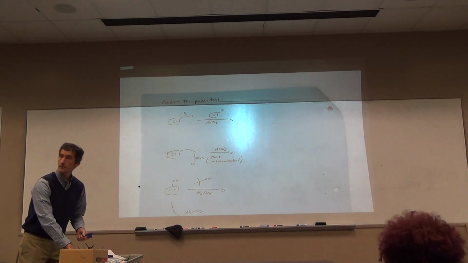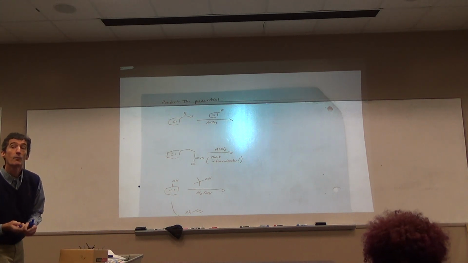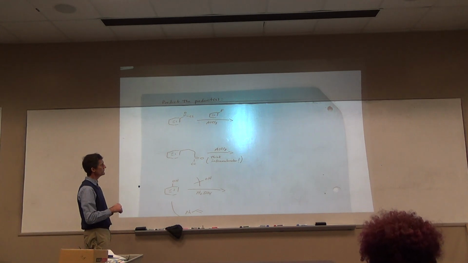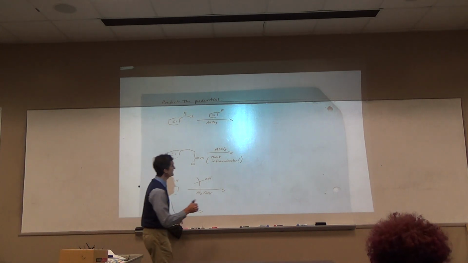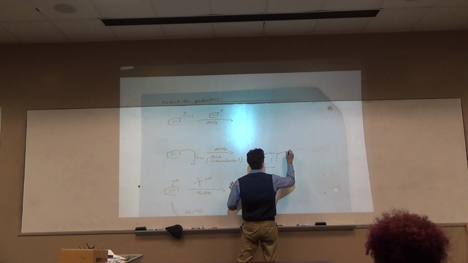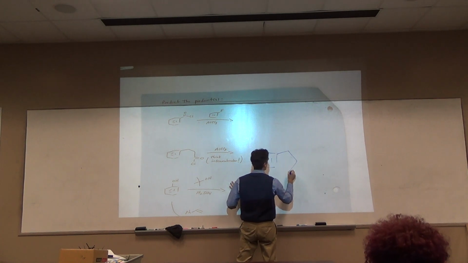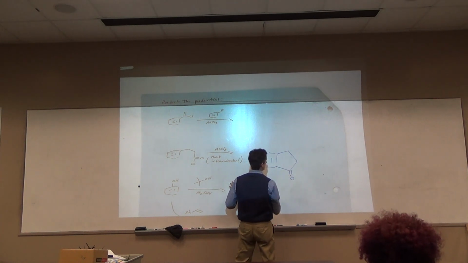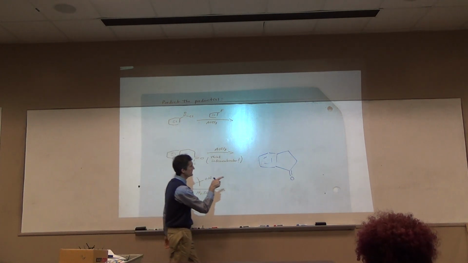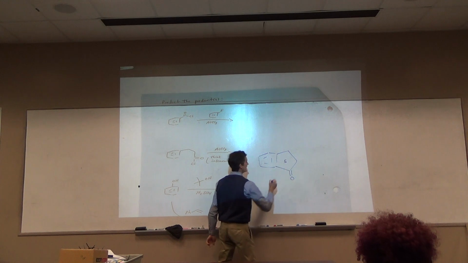There's a 5-membered ring that's formed. 1, 2, 3, 1, 2, 3, yes. The product here is going to be a 1,2 carbonyl. Yes, that's a 5-membered ring.